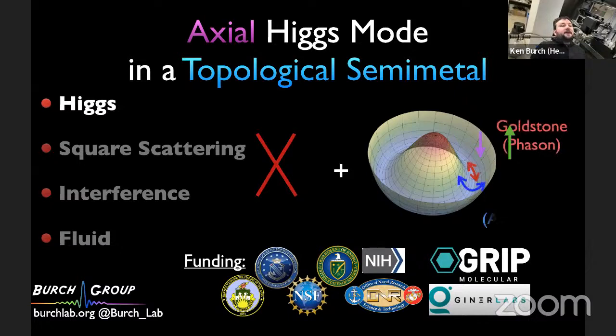Normally in this Mexican hat potential we should get our Goldstone and Higgs modes, or if you want, phasons and amplitudons.